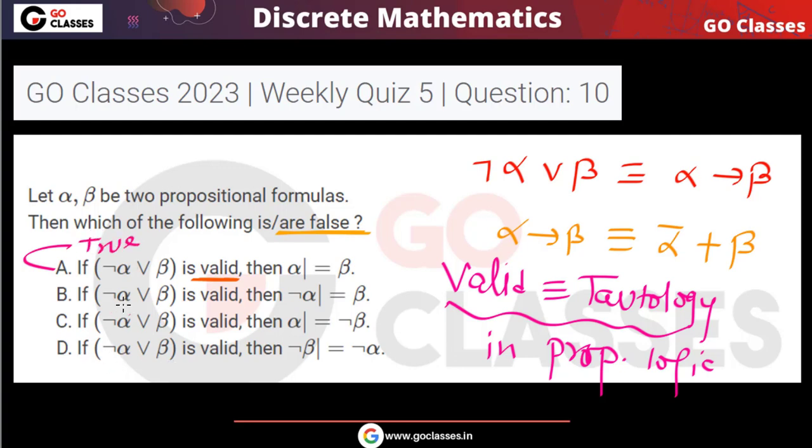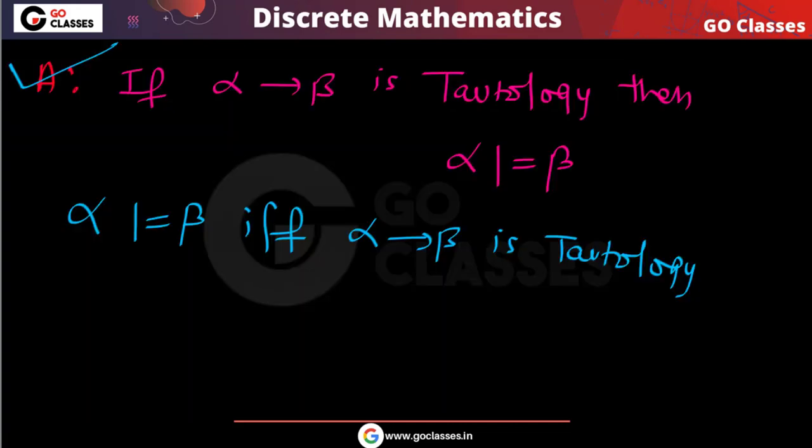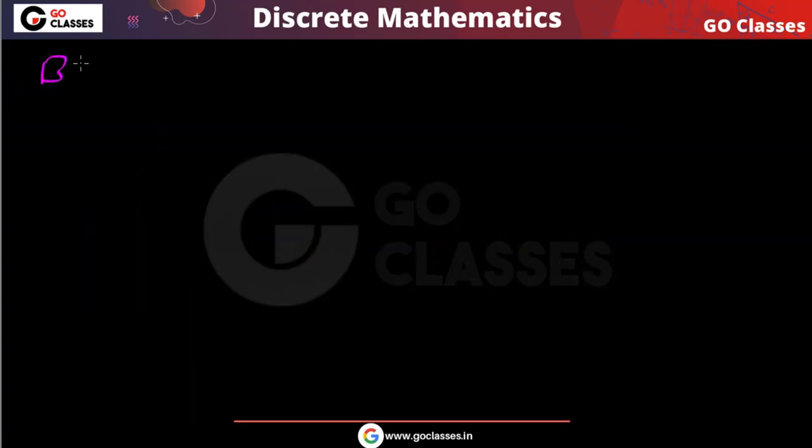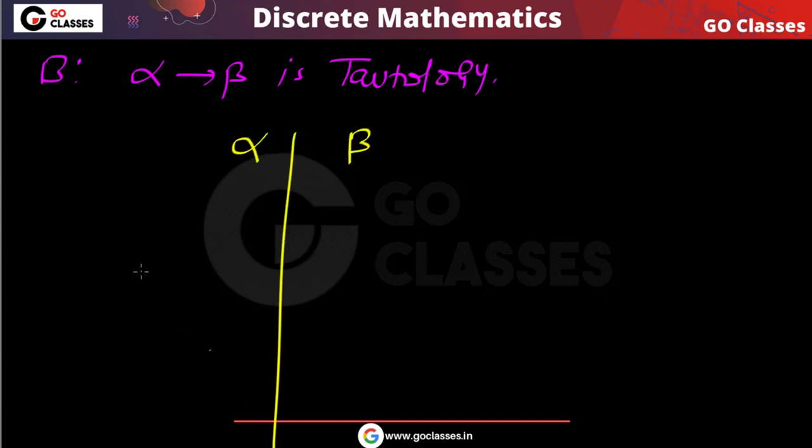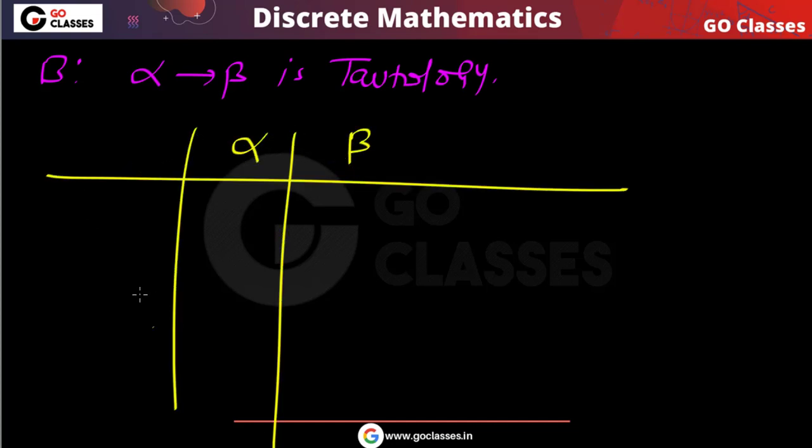What is option B? Option B is saying that if alpha implies beta is valid, then what can you say about negation alpha infers beta? Alpha implies beta is a tautology, this is already given to you. Alpha and beta are propositional formulas over some propositional variables, or atomic propositions.